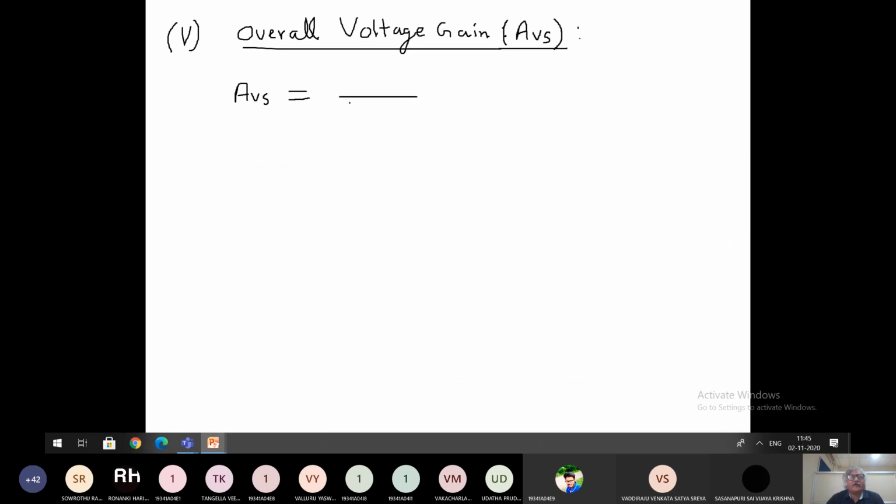So overall voltage gain, I will write V out, VO by Vs, right?